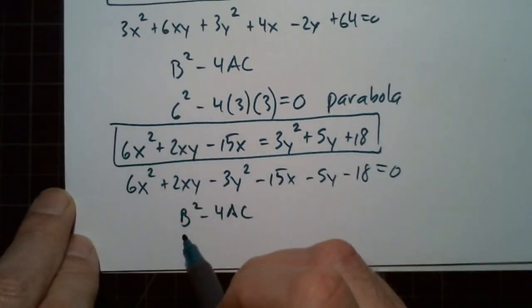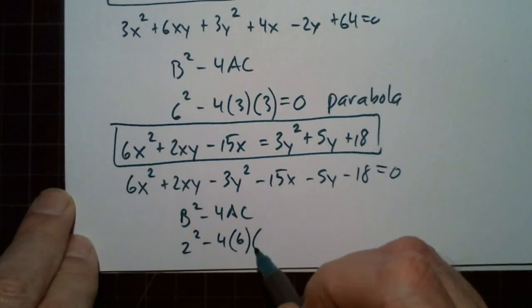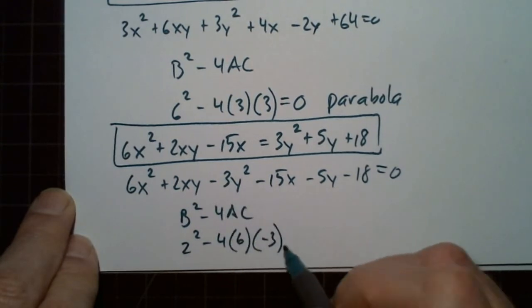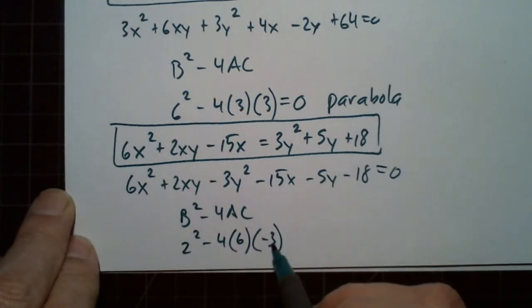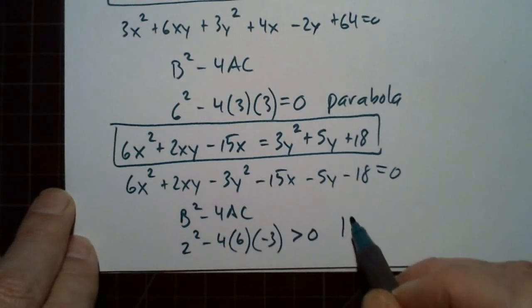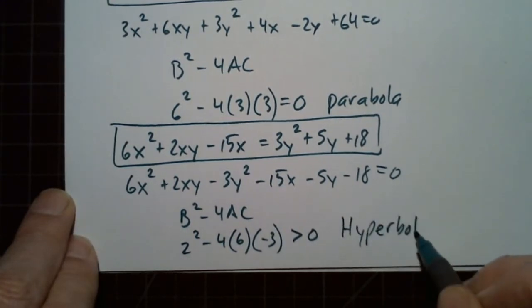So b squared, 2 squared, a is 6, c is negative 3, and if we multiply this, we're going to be 4 plus something, so that's going to be greater than 0, and it is a hyperbola.